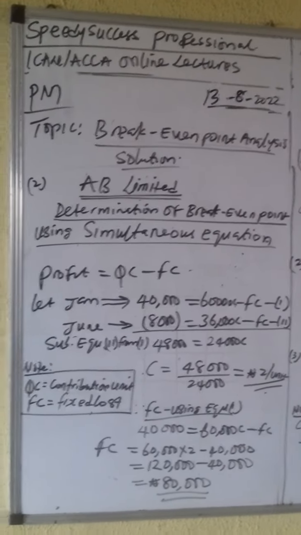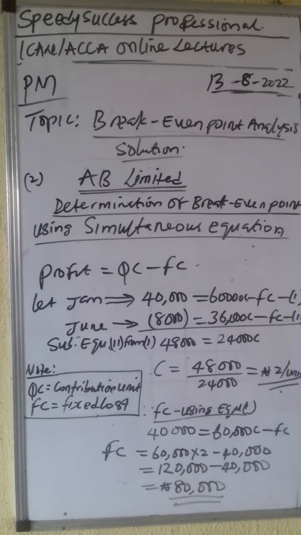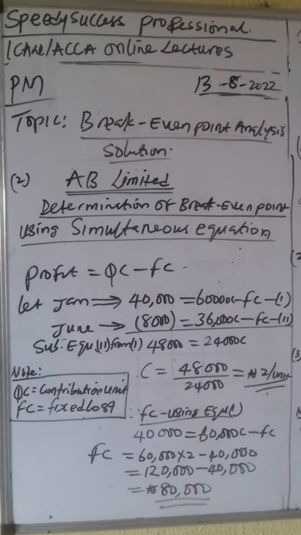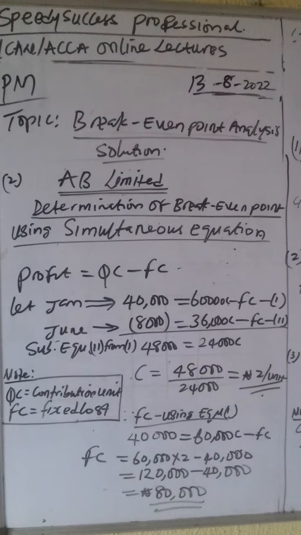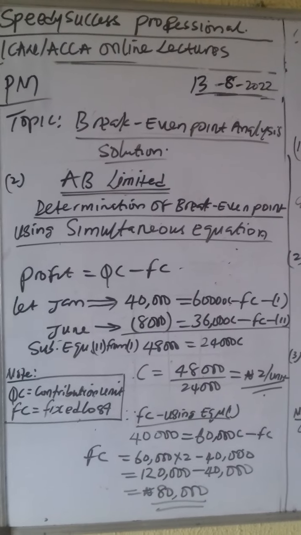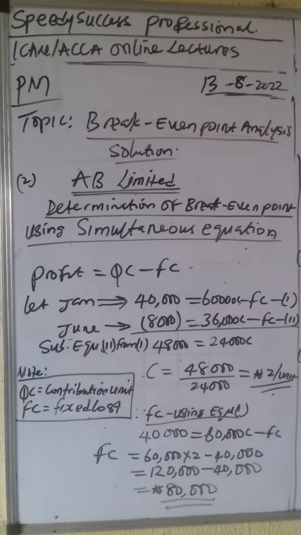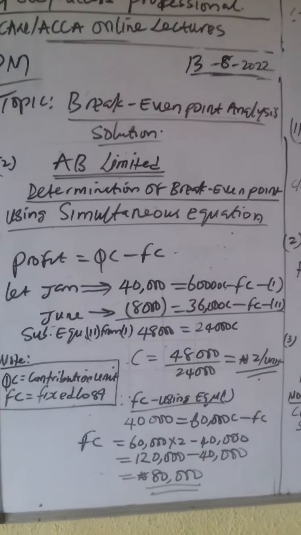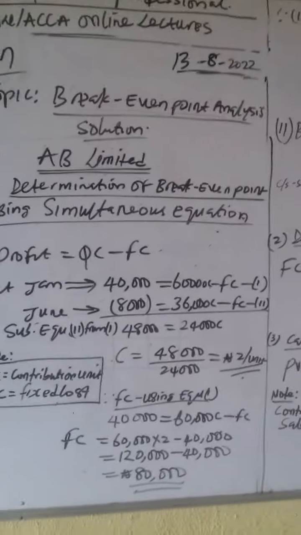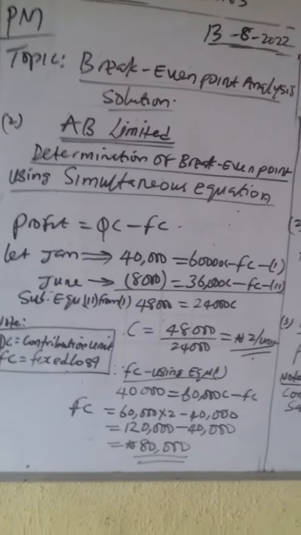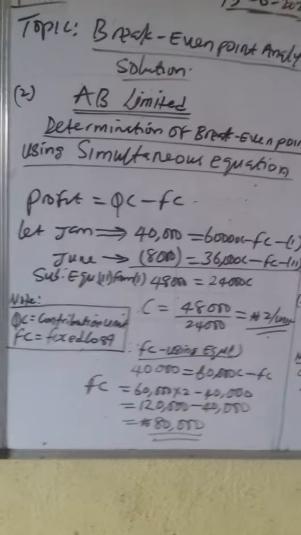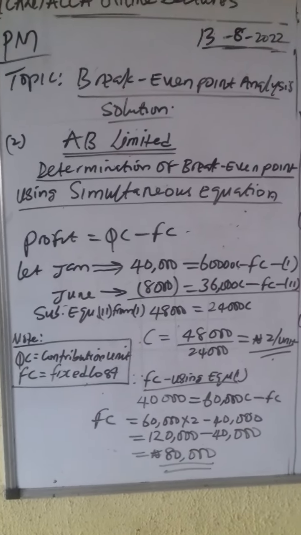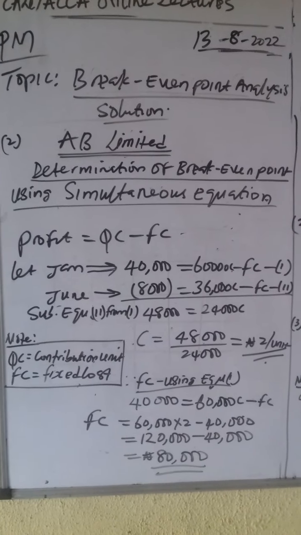Now, we're going to look at how to solve questions on break-even point where you need to apply simultaneous equations. If we are to determine break-even point where we do not know the variable cost per unit, profit is contribution per unit times quantity minus fixed cost.